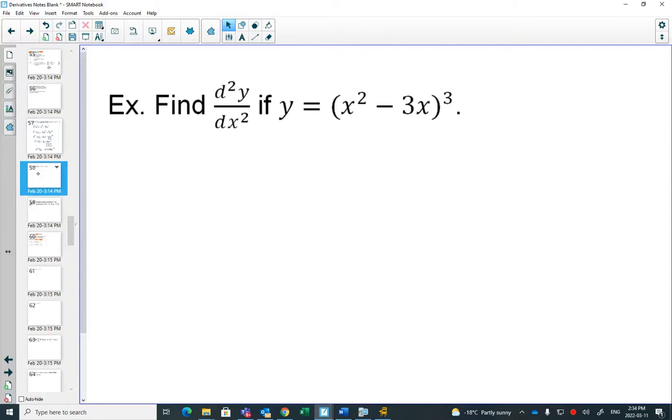So we get our notation this way. d2y over dx squared if y is this. Yes, I know.